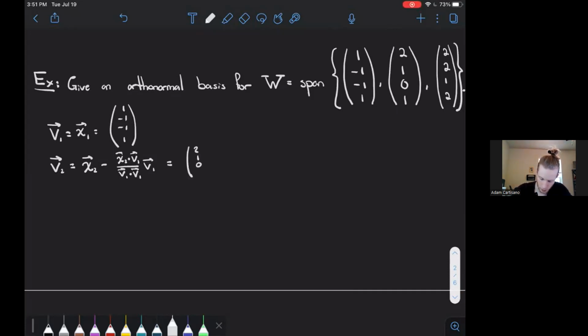Okay, and that's just (2, 1, 0, 1) minus, the dot product of x2 with v1. That's 2 minus 1 is 1, minus 0 plus 1 is 2. Over v1 dot itself, which looks like 4.